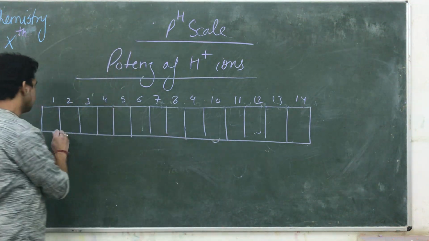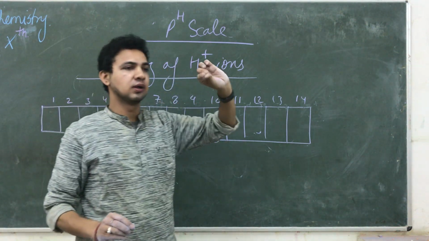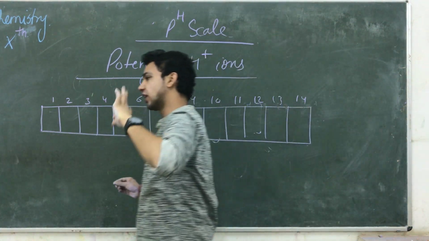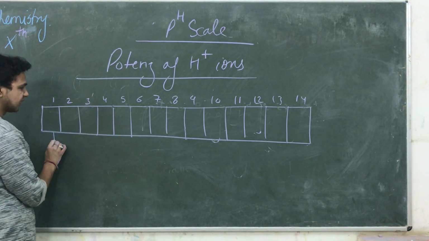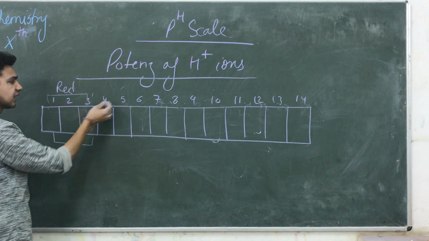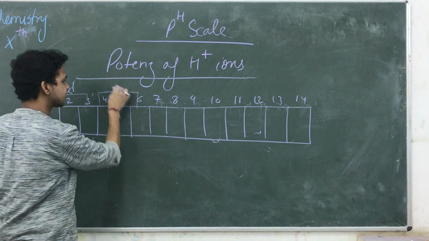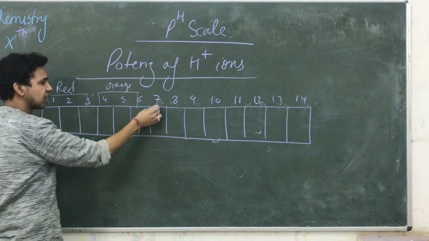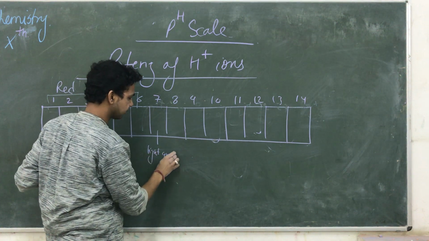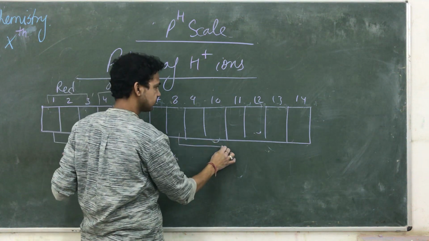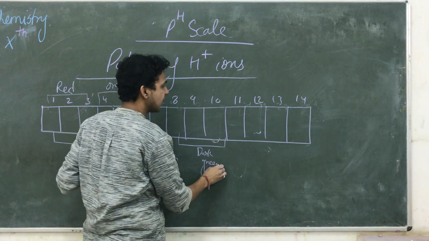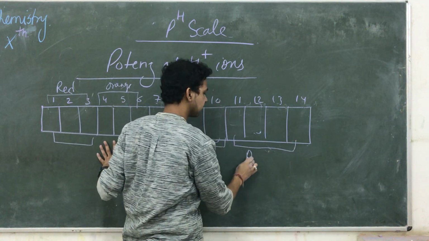If you dip a paper of this pH scale inside the solution, the color that arises will be like this: the color of 1 to 3 is red, the color of 4 to 5 to 6 is orange, the color of 7 is light green, the color of 8 to 10 is dark green, and the color from 11 to 14 is dark blue.